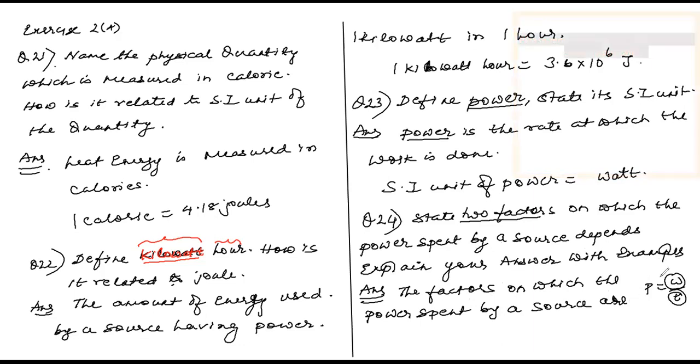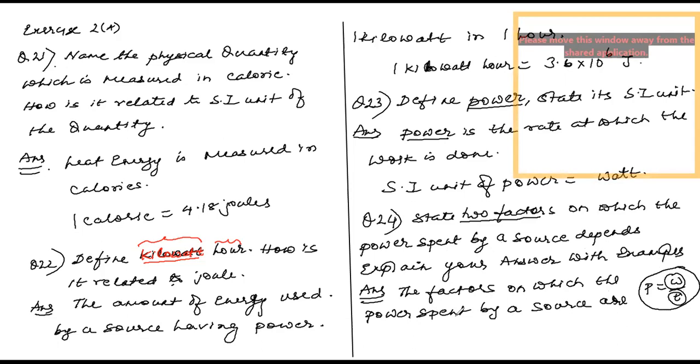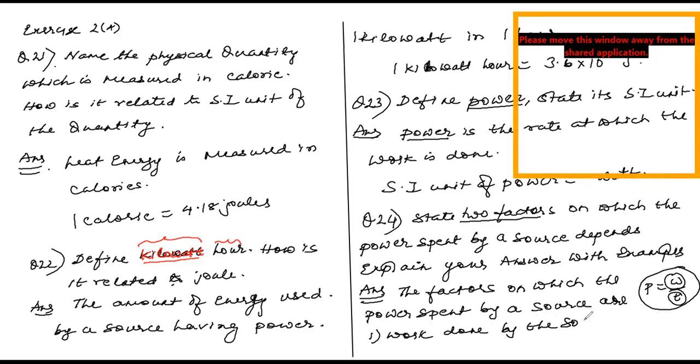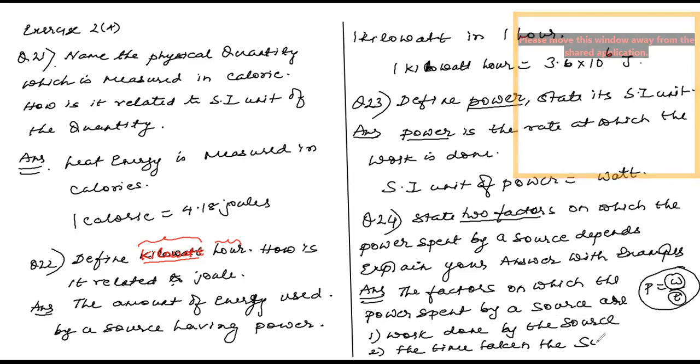You can remember the formula from what I've done here: work upon time. So the factors on which the power spent by a source depends are: one, the work done by the source, and secondly, the time taken by the source to do the work.